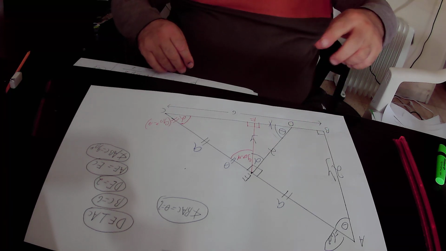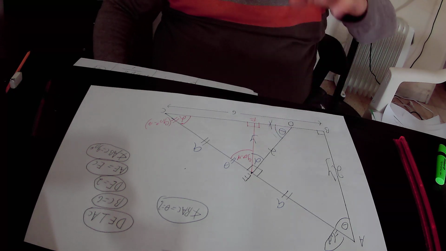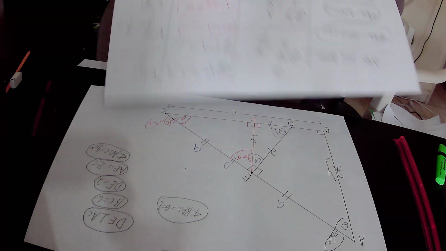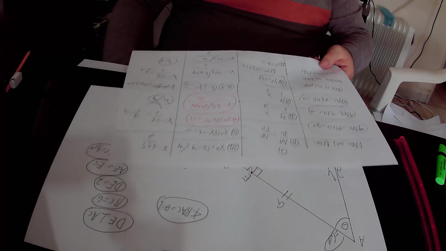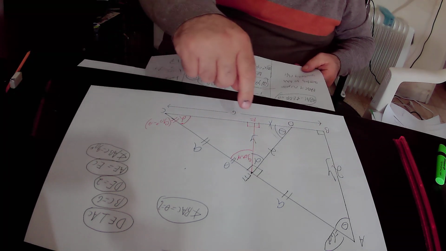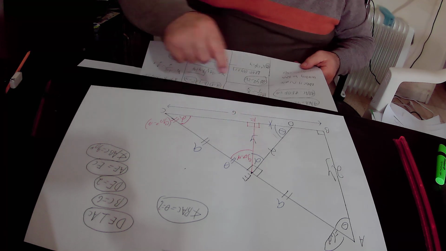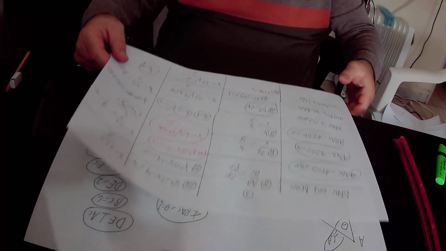So we proved that the right big triangle ABC is similar to the right small triangle DEF according to the angle similarity rule. And from the fact that those two triangles are similar, we derive that AB over BC equals DF over EF.